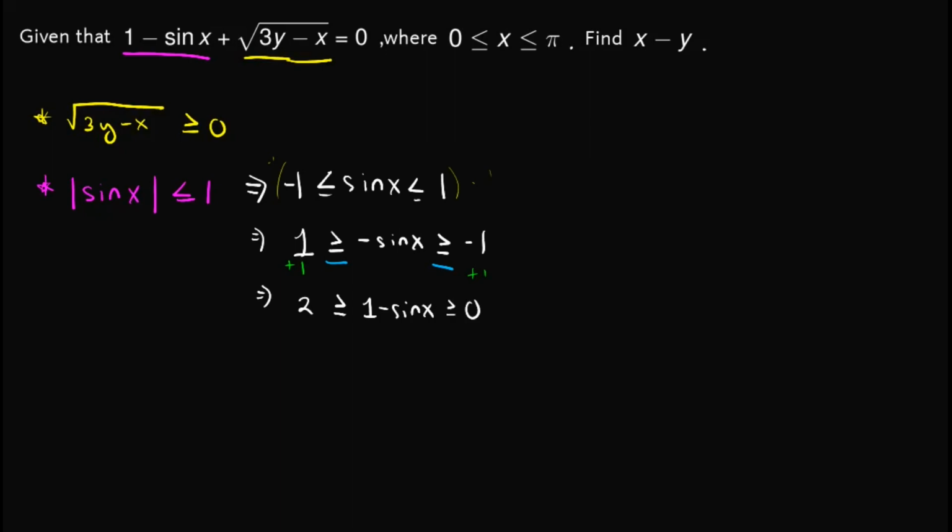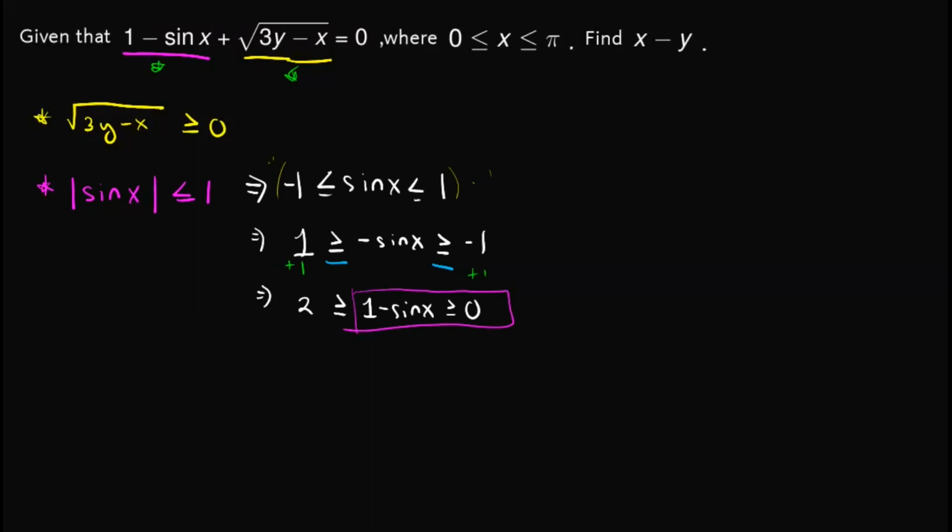So we also know that 1 minus sine x is actually greater than or equal to 0. So we know that both expressions out here and out here are greater than or equal to 0.